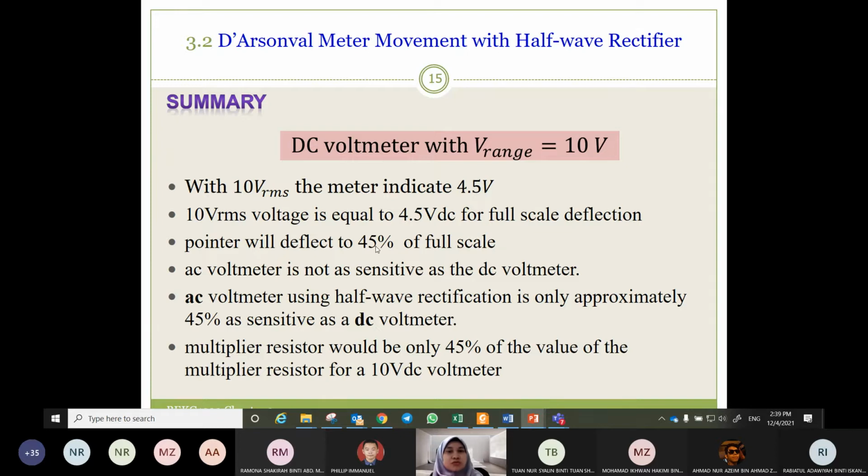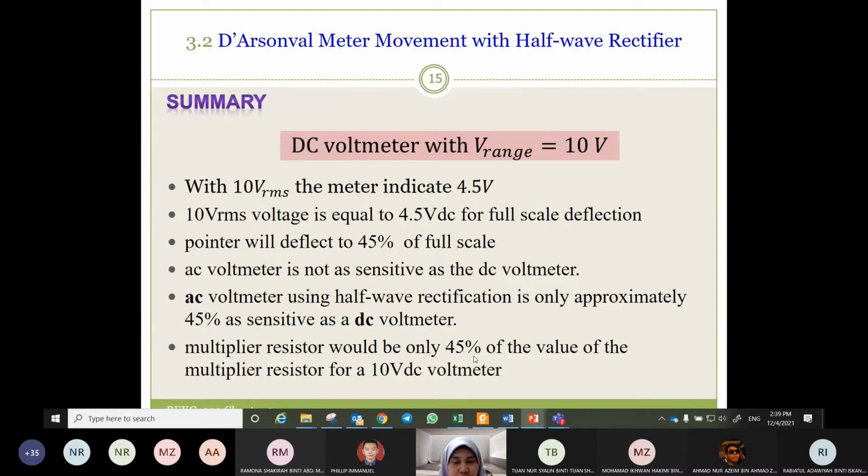The pointer will deflect to 45% only of full scale. An AC voltmeter is not as sensitive as a DC voltmeter because the AC signal will give 45% only of the full scale. An AC voltmeter using half-wave rectification is only approximately 45% as sensitive as a DC voltmeter.